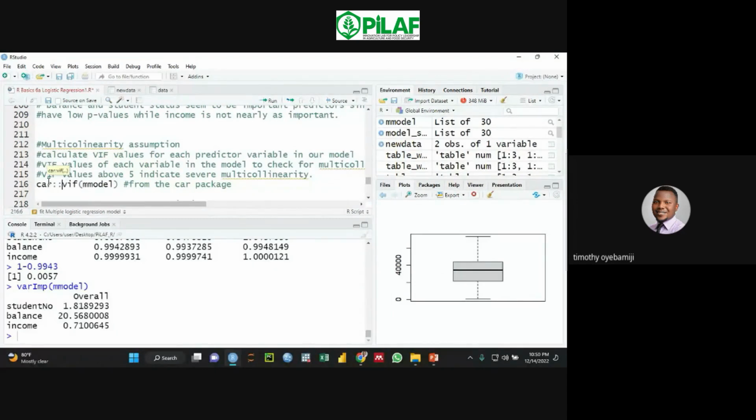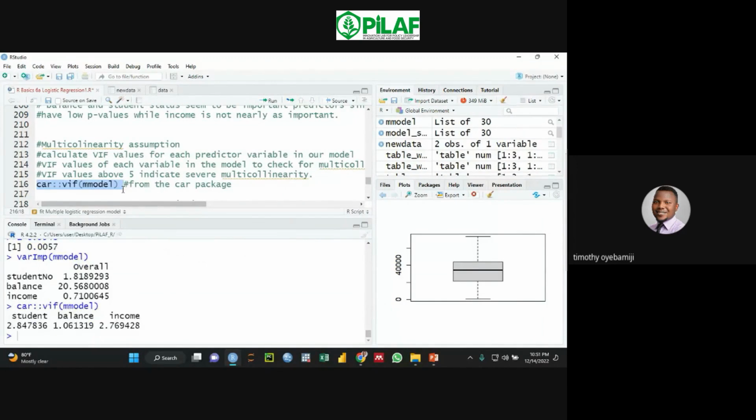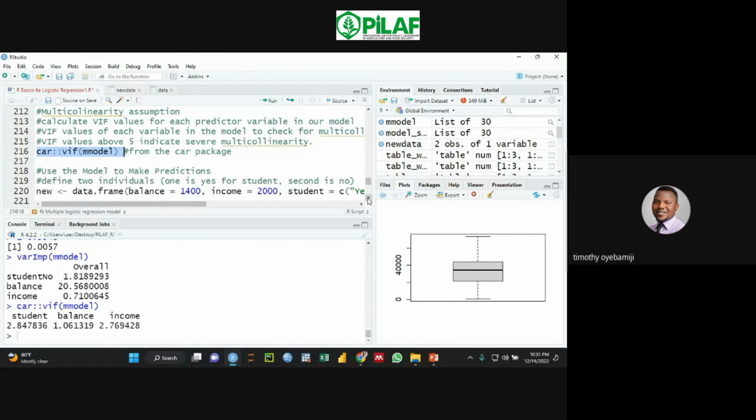If you don't have it, you can install it, but we are just using this function from it, so we don't have to call the library and waste time. A VIF value greater than 5 indicates severe multicollinearity. So we are safe if we do not have up to 5 for each variable. This is fine because students is 2.8, balance is 1.0, and income is 2.7.